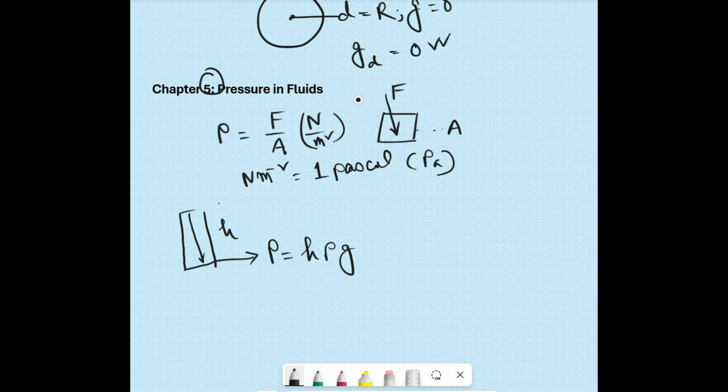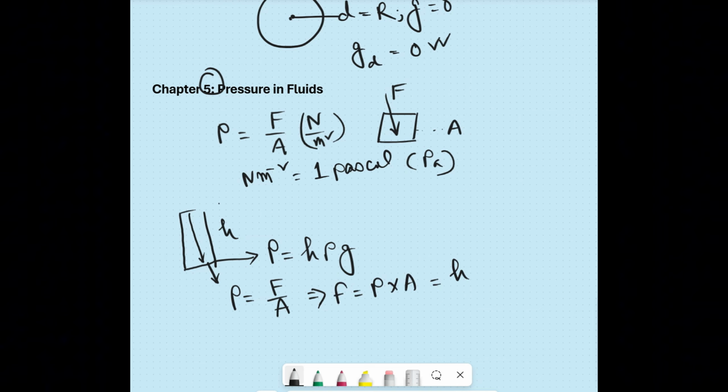And of course, if we could calculate the force as well, how could we calculate the force here? Let's see. We know P equals F by A, so we can write F equals P times A. And what is the value of pressure?